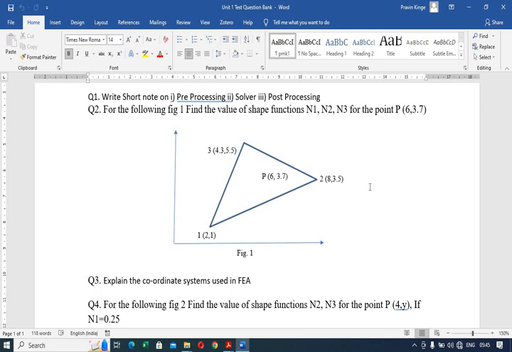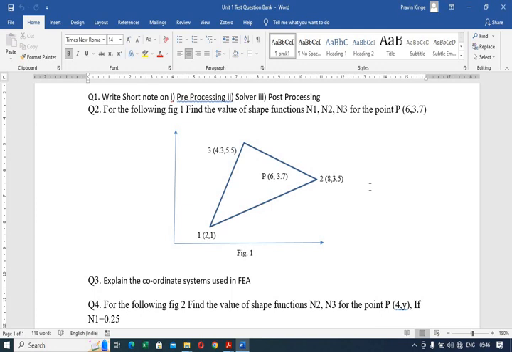The x coordinate of point P is equal to n1 x1 plus n2 x2 plus n3 x3, where x1, x2, x3 are the x coordinates of node number 1, 2, 3 respectively. And the second formula is y is equal to n1 y1 plus n2 y2 plus n3 y3, where y1, y2, y3 are the y coordinates of node number 1, 2, 3 respectively. So by using these two formulas, you can find out the shape functions n1, n2 and n3.